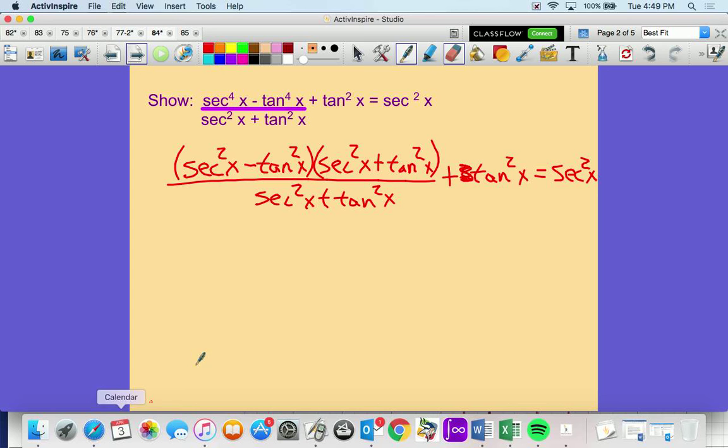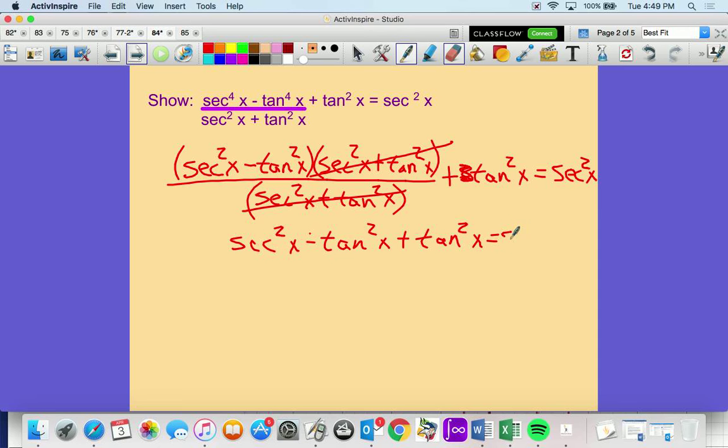Alright, now from here, this is all in parentheses, so this bottom would cancel out with this top. So we would have secant squared x minus tangent squared x plus tangent squared x equals secant squared x.